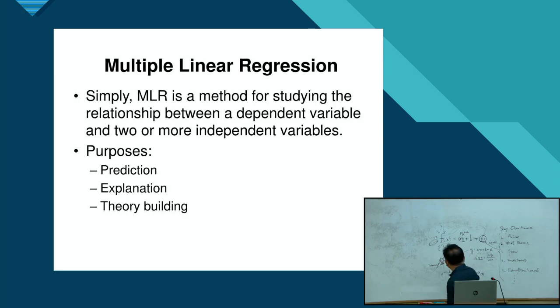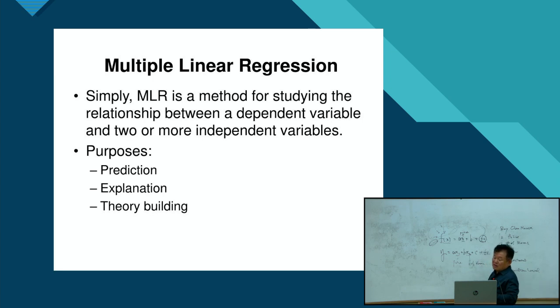It is expressed like this: Y equals a x1 plus b x2 plus c plus epsilon t. This has two independent values. It means x1 equals price, x2 equals number of rooms.